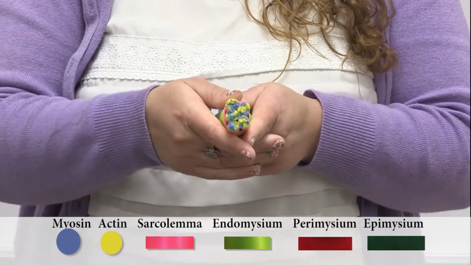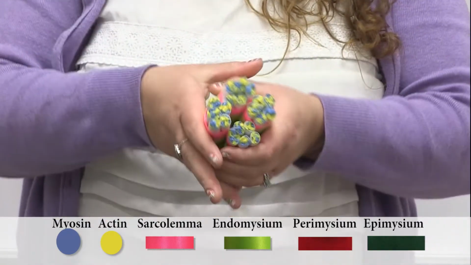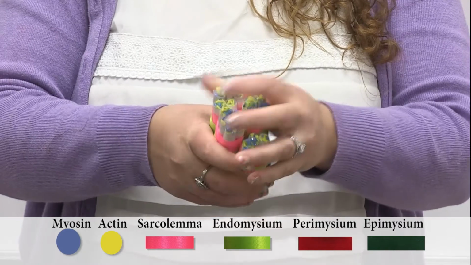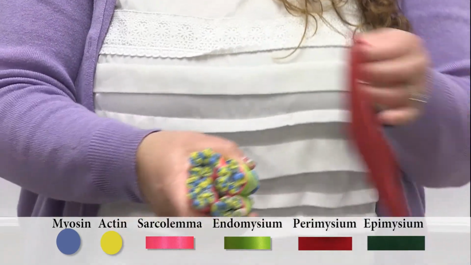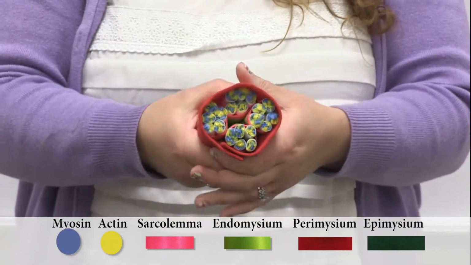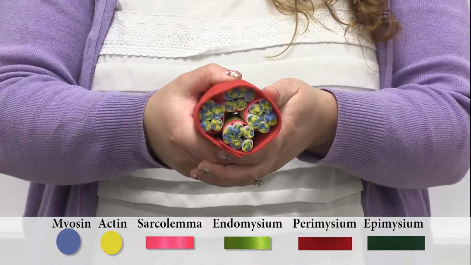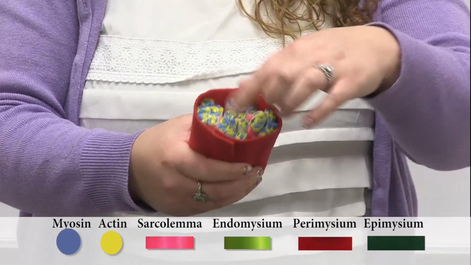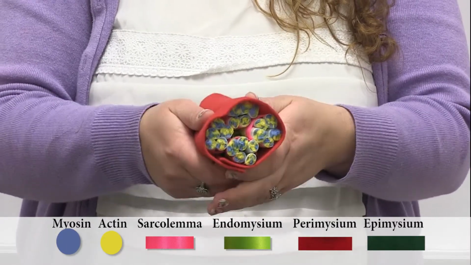Okay. Now what happens is I take these skeletal muscle cells and I combine them all together with other ones, as you can see here, all together. And then I cover them with a coating called perimysium. And this forms an even larger bundle that we call a fascicle. Okay? So you can see my skeletal muscle cells inside covered by the perimysium to form a fascicle.